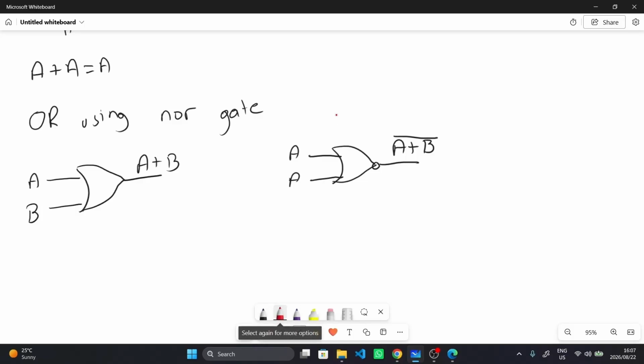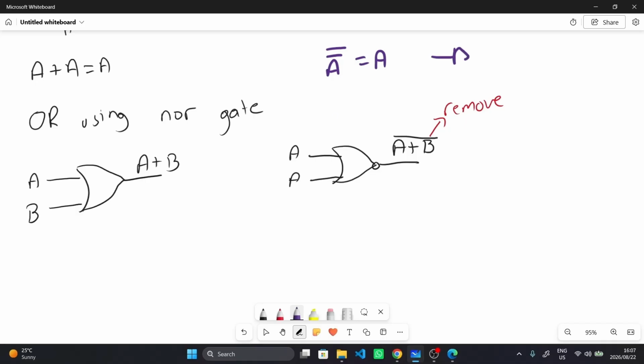So for us to get the A plus B, we have to remove this bar, or this line. How are we going to remove it? If you remember, this is a NOT gate, and this comes to also one of the rules from the Boolean rules, where A complement complement is A, right?